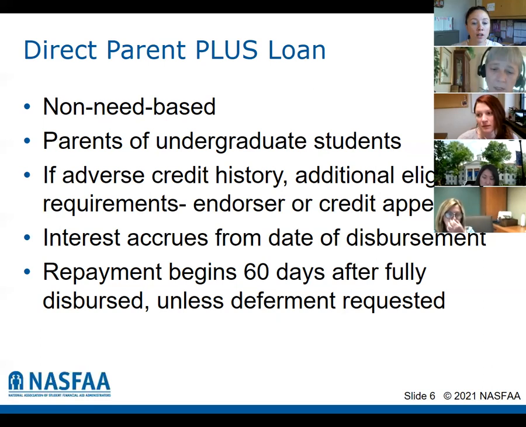If somebody just doesn't have a great credit score, but they don't have any adverse credit history otherwise, they are very likely still going to qualify for the Parent PLUS loan or the Graduate PLUS loan, as long as they don't have any adverse credit history.